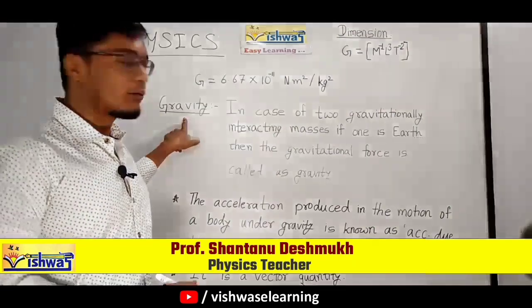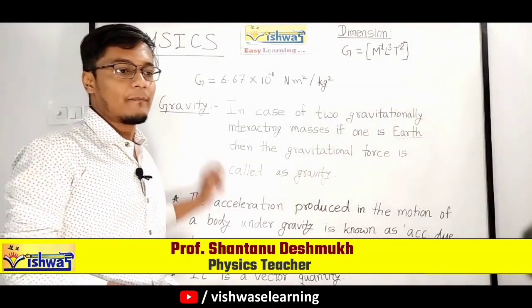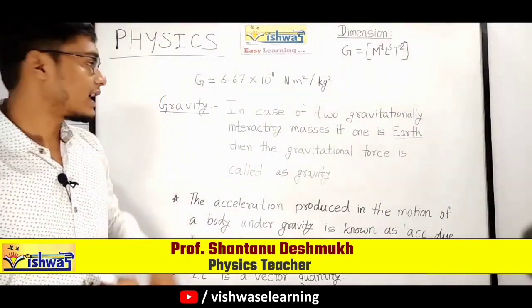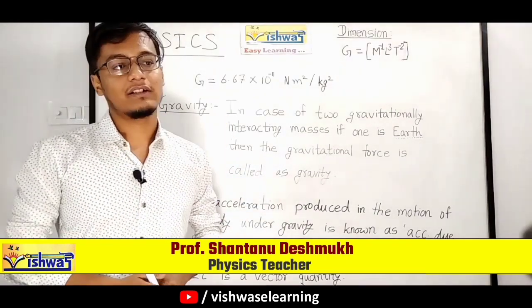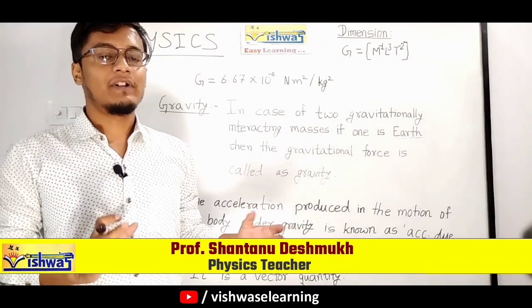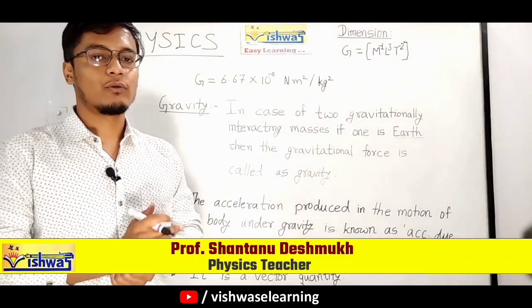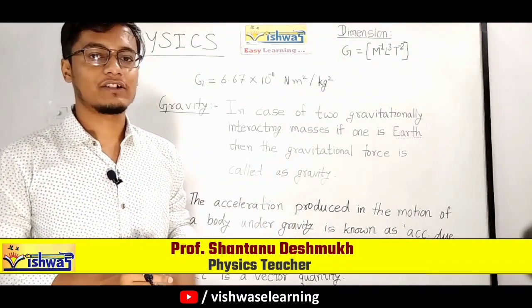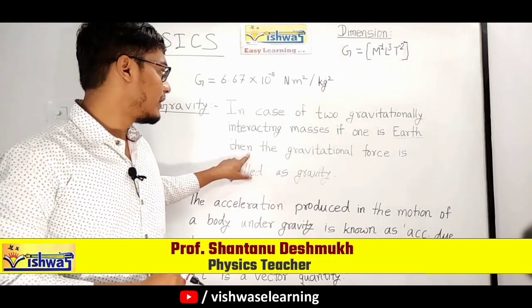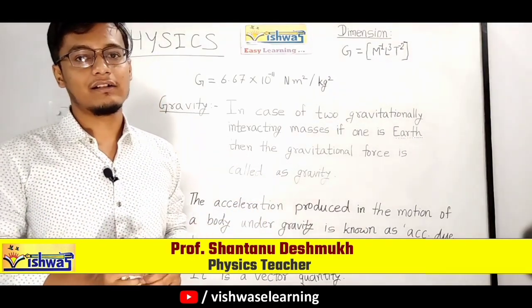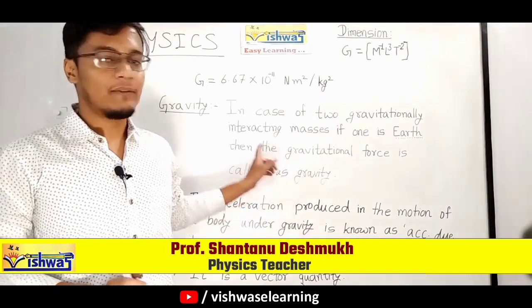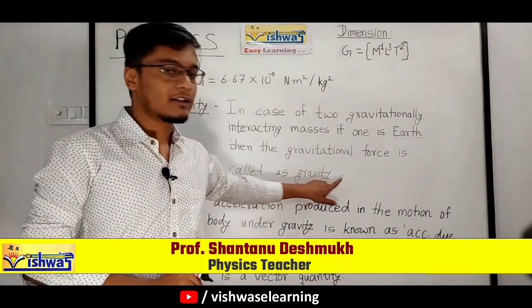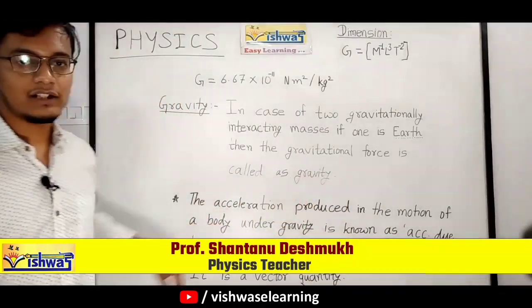If two bodies attract each other by gravitational force and one mass is the earth, then that force is called gravity, and it is denoted by small g. We will see it later.